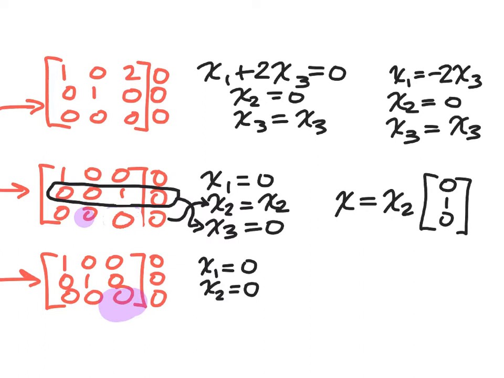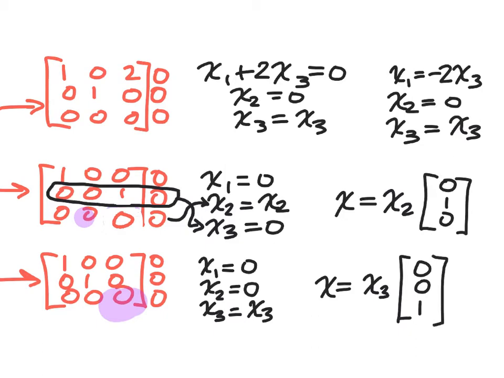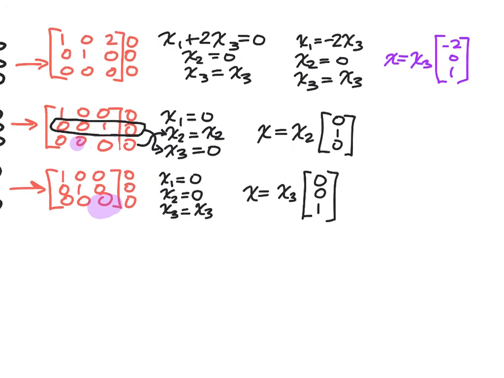And so x3 is equal to x3. And so we have x equals x3 times 0, 0, 1. All right.